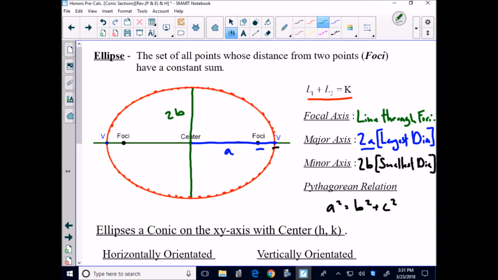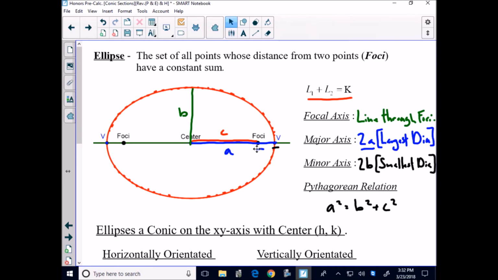And again, if we have the entire minor axis as 2b, the distance from the center to the perimeter of this circle along that minor axis is going to be a length of just b. We say that the distance from the center to the foci is a length that we call c, right? So these are the 3 major lengths that we're going to use to define the equation of our ellipse on the xy axis.